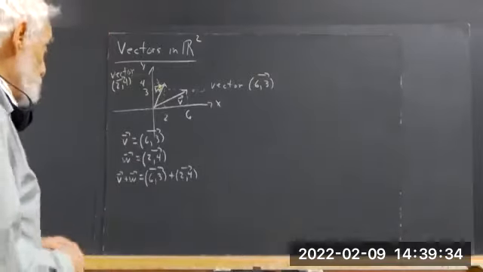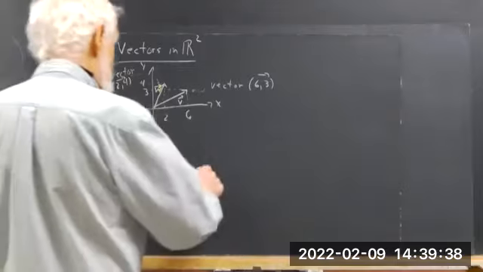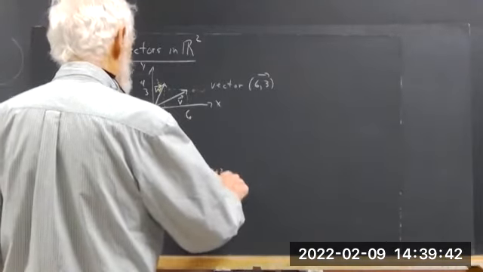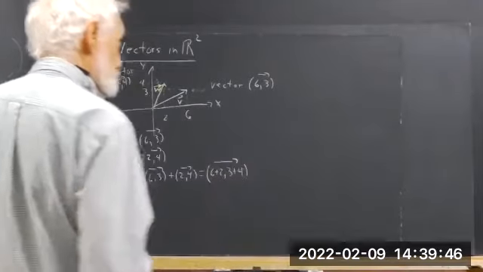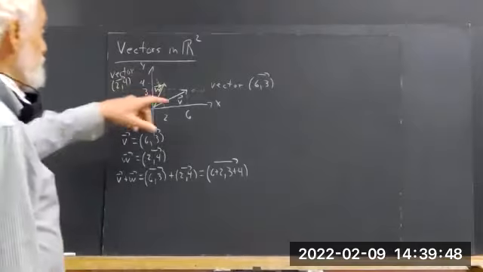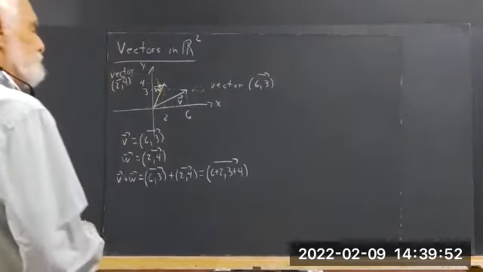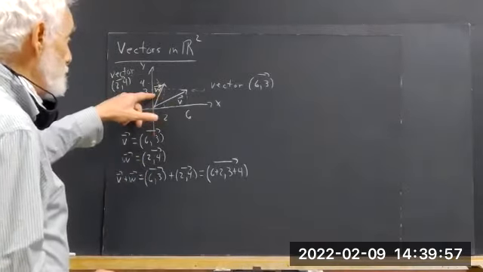And there's a very simple graphical representation of how you do that. This just says you do 6 plus 2 and 3 plus 4, the most obvious thing that you could do. Now, in the picture, that corresponds to a vector that's diagonal on a parallelogram defined by V and W.